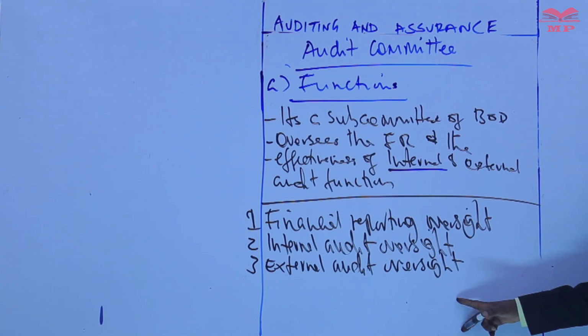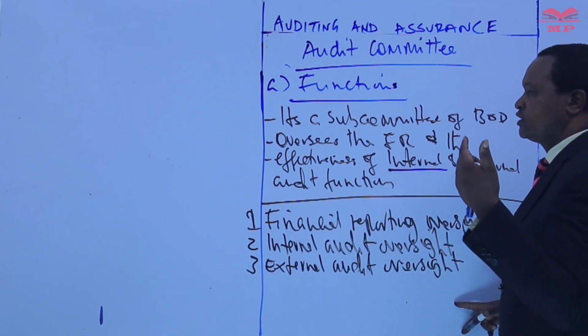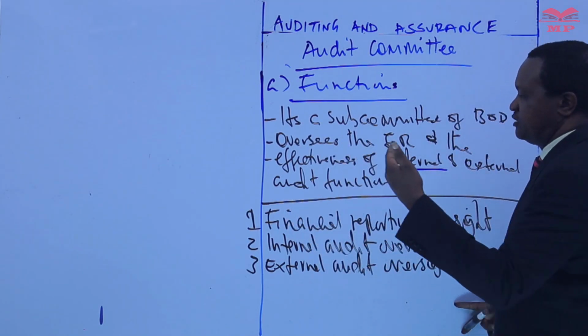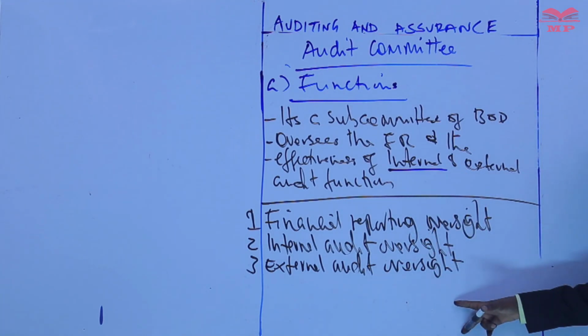Then the committee also reviews and approves the external auditor's engagement letter. After appointing the external auditor, the external auditor drafts the engagement letter and it's submitted to the audit committee. It is the audit committee which then approves it.